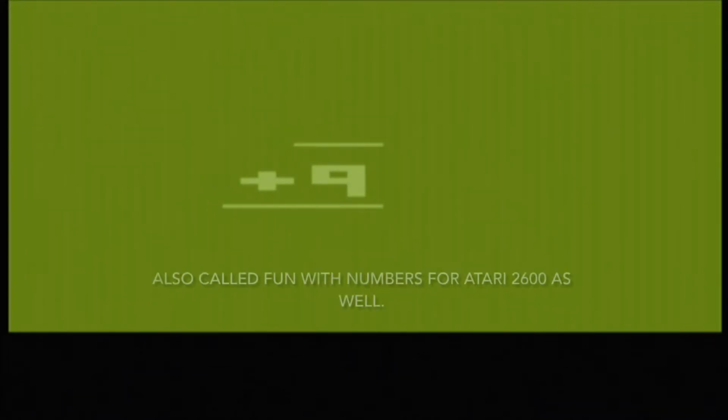You're starting off with addition. First level, you get to pick your first number and determine what your answer is. 1, 2, 3, 4. Count up, count down, and got it right. Or did I? No. I think I got it wrong. Now I got it right.